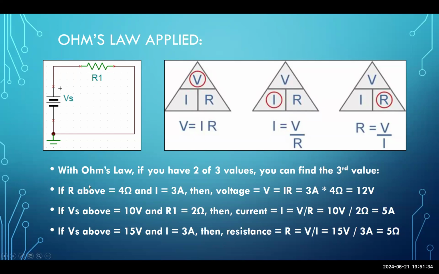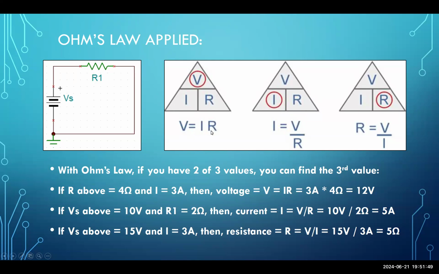So if R resistance is given as 4 ohms and I is given as 3 amps, then voltage is calculated as I times R, which you can see in this first triangle.